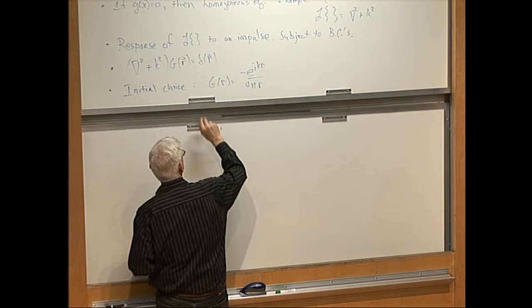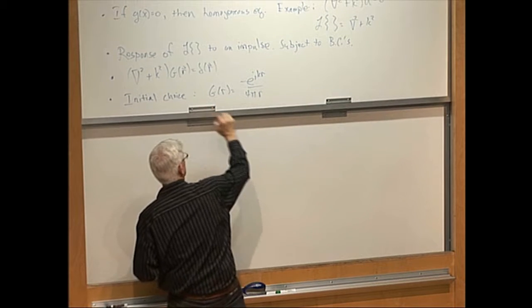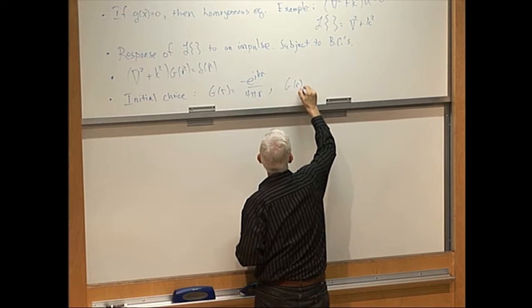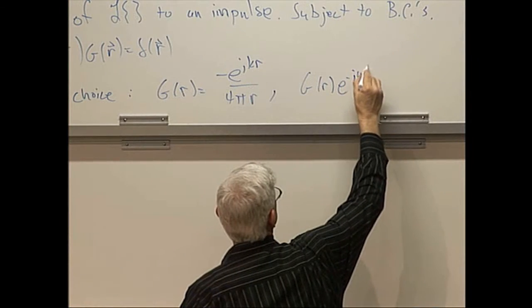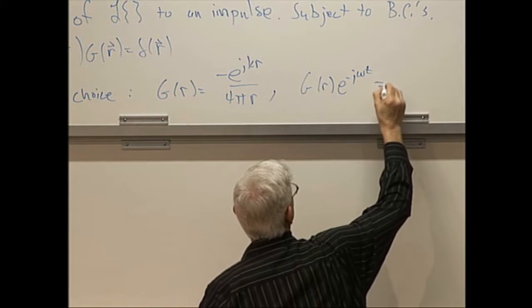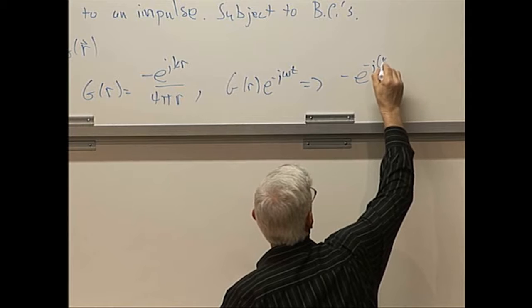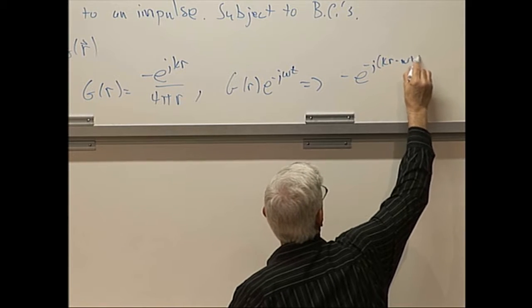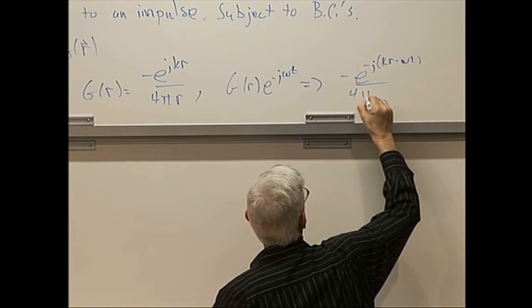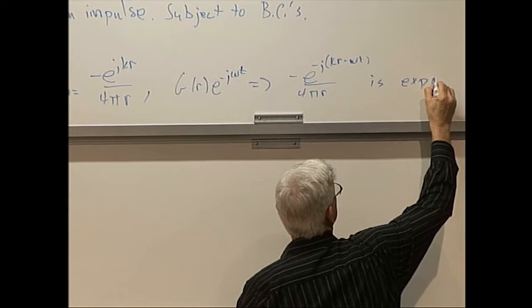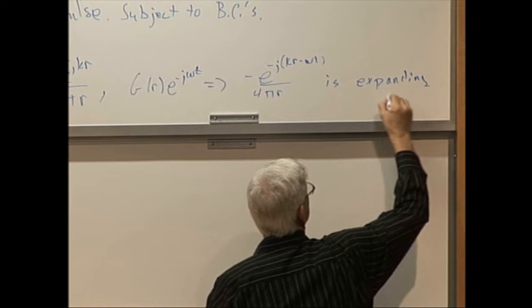And as we already said, if we include the time factor here, then e to the minus j k r minus omega t over 4 pi r is an expanding spherical wave.